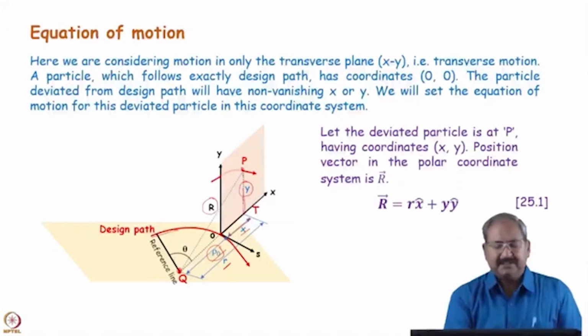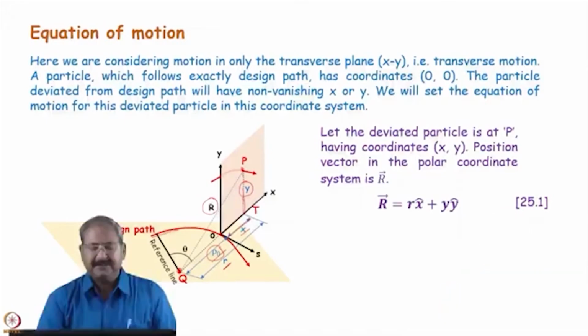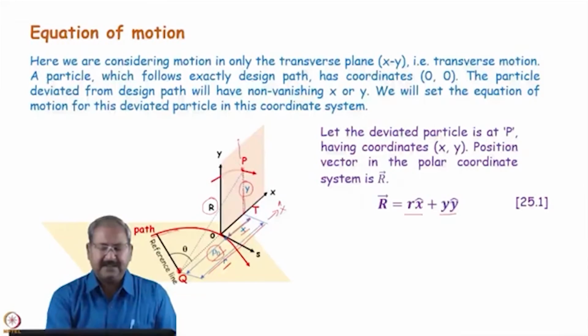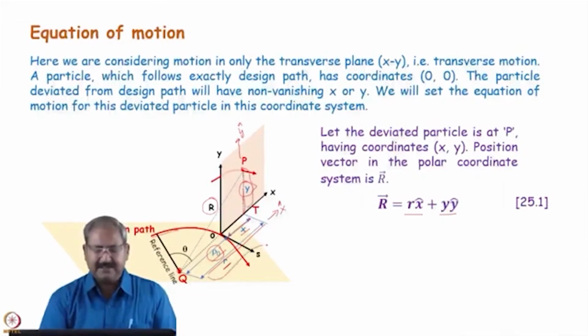So capital R, which is the radius vector with respect to the center, can be written down as r x cap plus y cap. This is the R, and x cap is in this direction, and y is in this direction, so y cap is also in this direction. So this distance is y and this distance is r, where r is equal to rho 0 plus x.